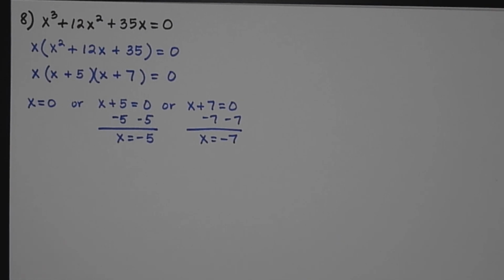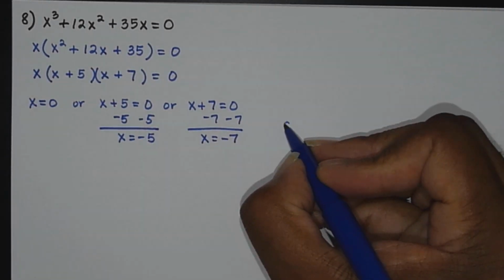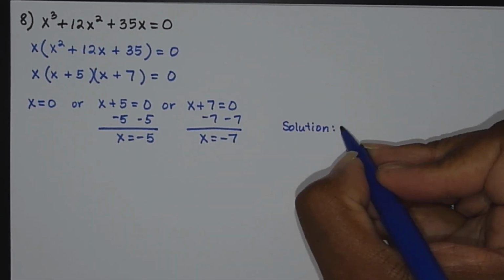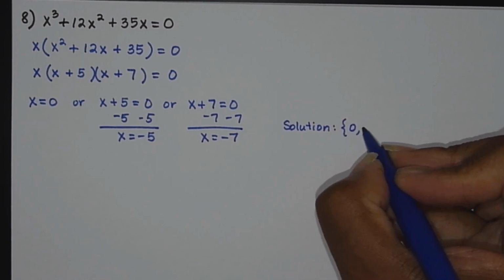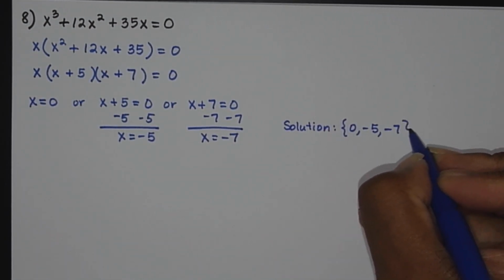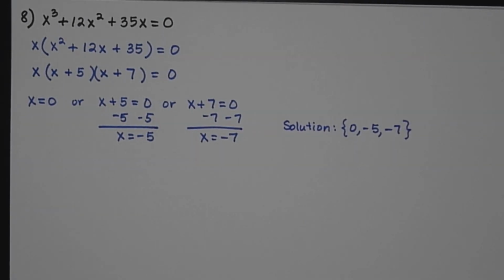So here, these are the zeros of this function. x equals 0, x equals negative 5, x equals negative 7. And here it doesn't have to be in any particular order. All right, questions about problem number 8.